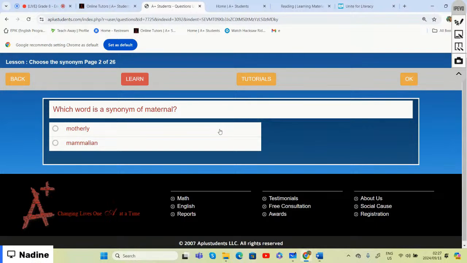All right. We need to say which word is a synonym, which means it's the same as, or almost the same as maternal. What is the word that's the same as maternal? Is it motherly or is it mammalian?